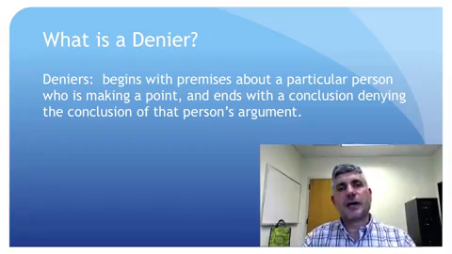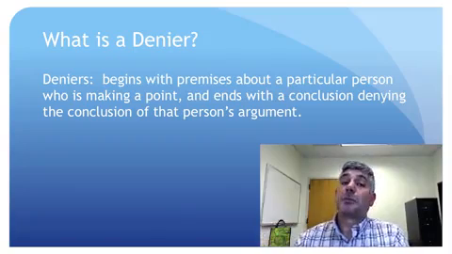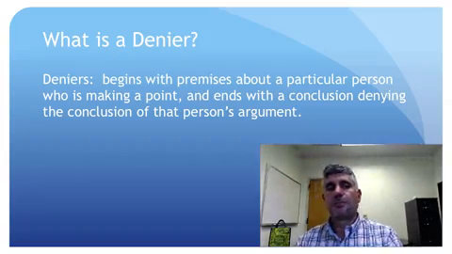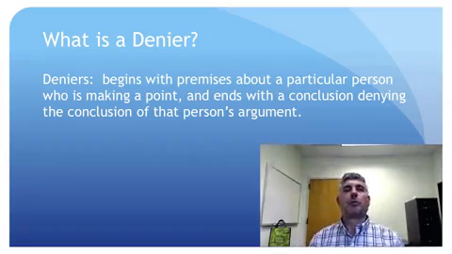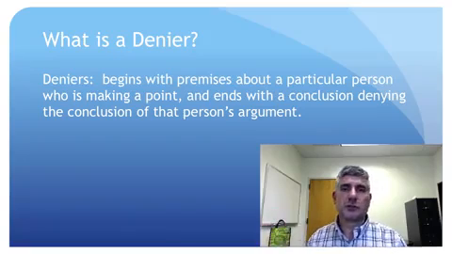Okay, so first, what's a denier? Well, a denier is a kind of ad hominem argument that begins with premises about a particular person who's making a point, right? That's what makes it an ad hominem. And it ends with a conclusion denying the point that that person is making, denying the conclusion of that person's argument.